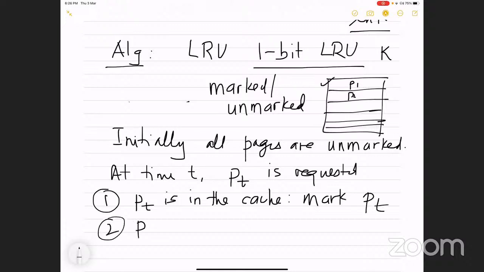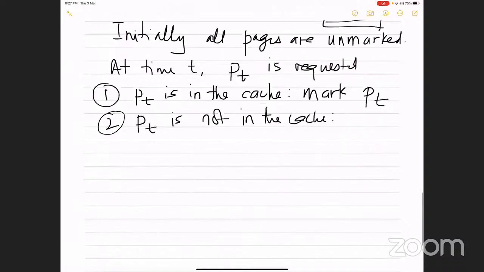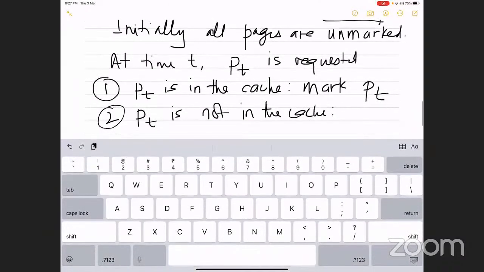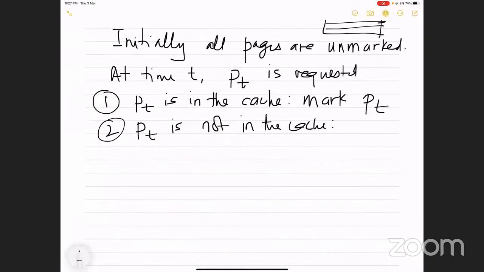Second option is that pt is not in the cache. This is where the algorithm is going to incur a cost. So if pt is not in the cache, there are two options. The question is, which page do you move out from the cache?